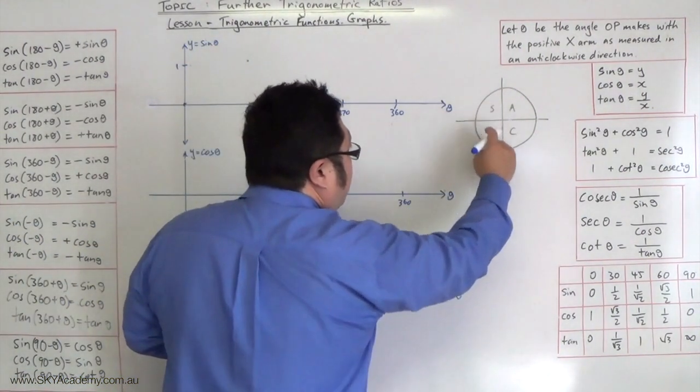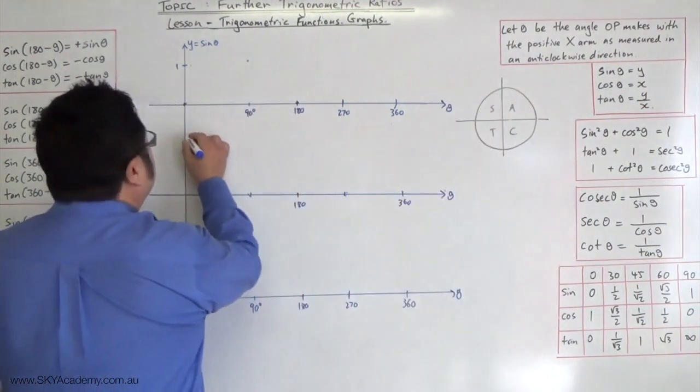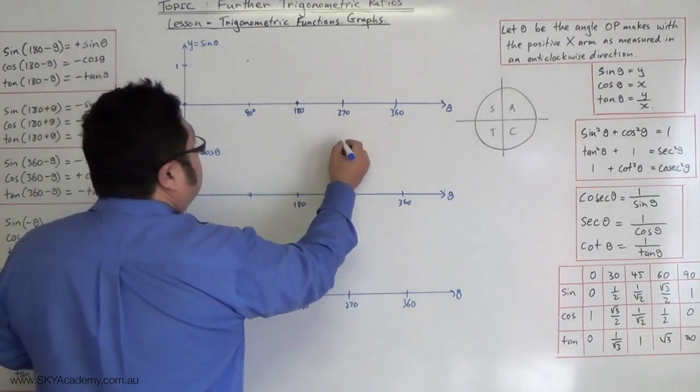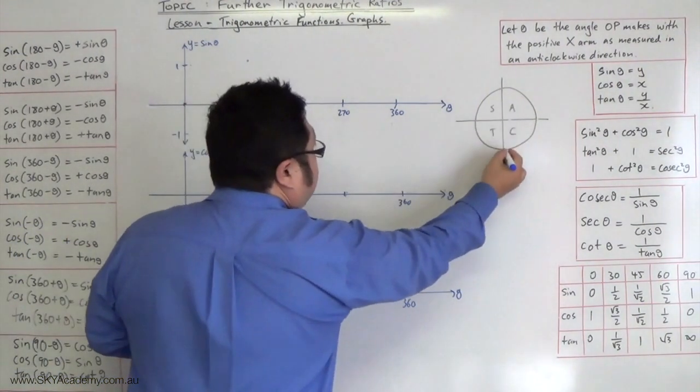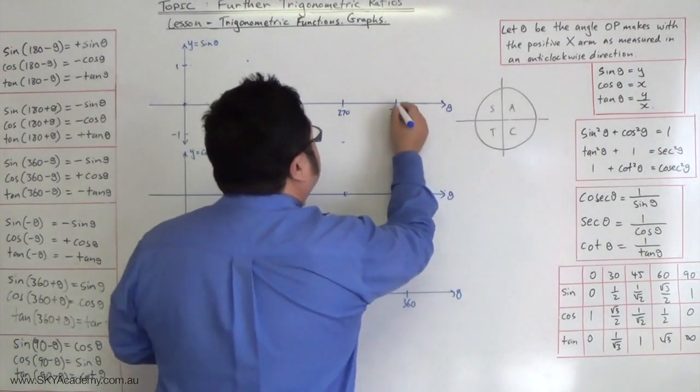Do you see that? It goes below the x-axis to minus 1 at 270 degrees, and then back up to 0.